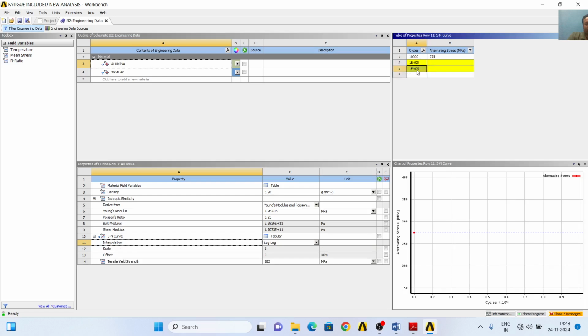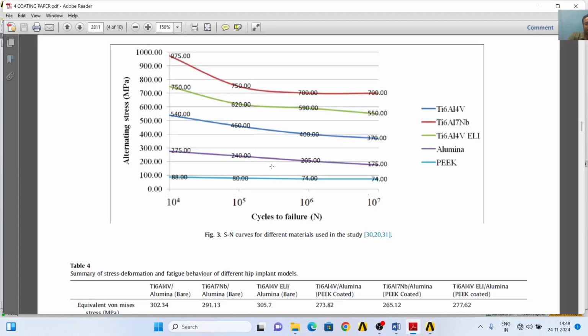One more zero here. And the stresses will be 240, 205 and 175.